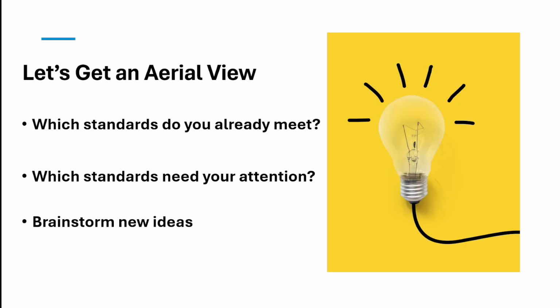Let's get an aerial view of our standards. So, real high level. As we go through this, what I'd like you to be able to do is check the standards that you're already meeting. What's that heavy lifting?